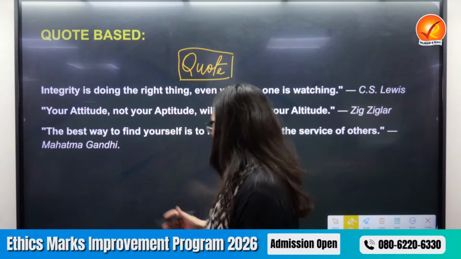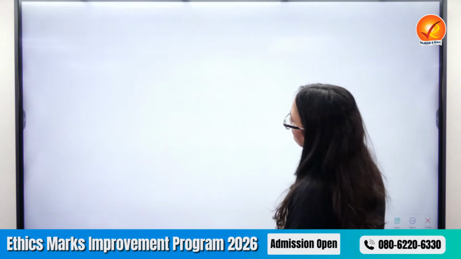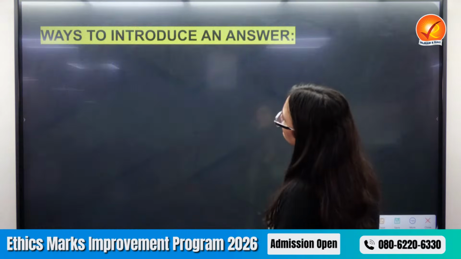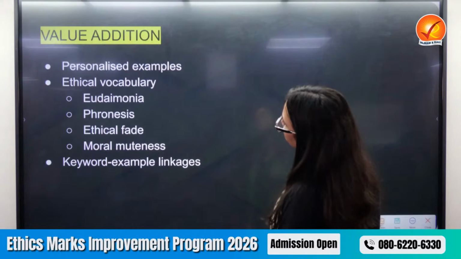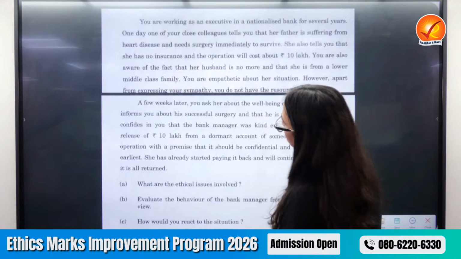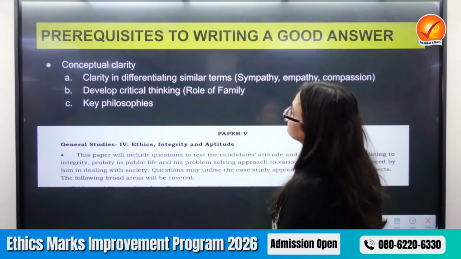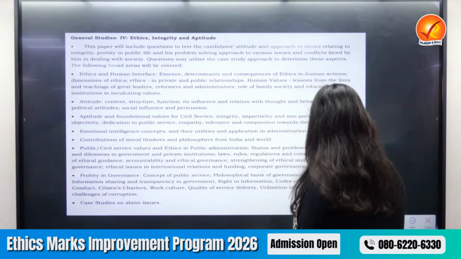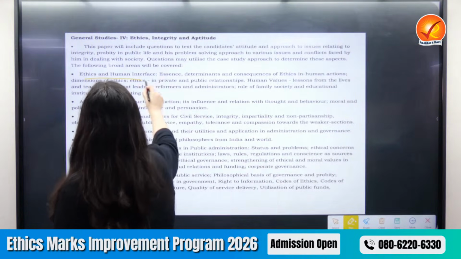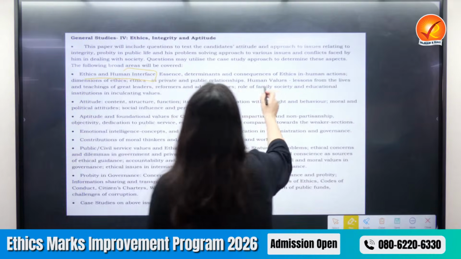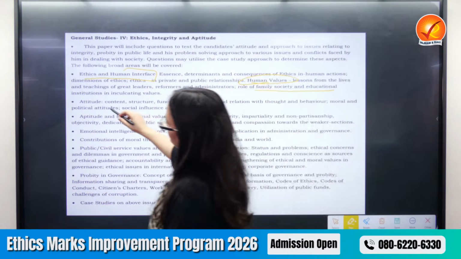When you go back to your syllabus, there are certain values that are mentioned. In ethics and human interface: human values, role of family, society, educational institutions.